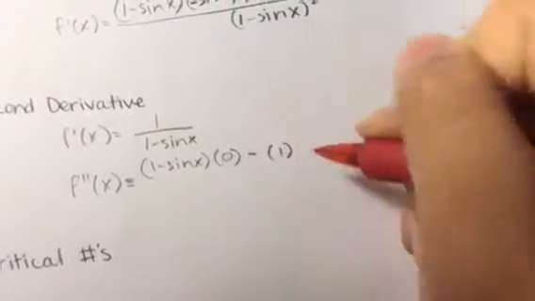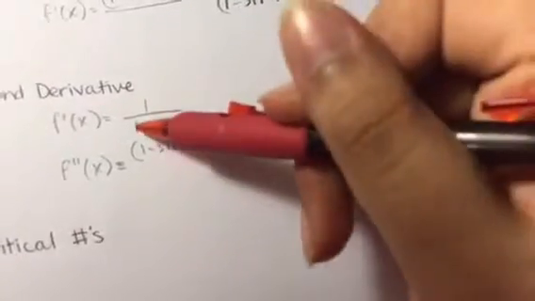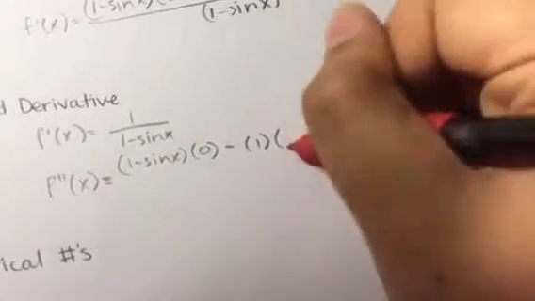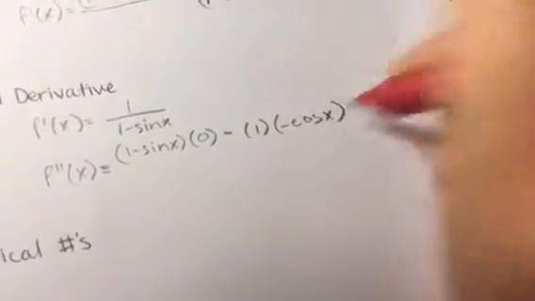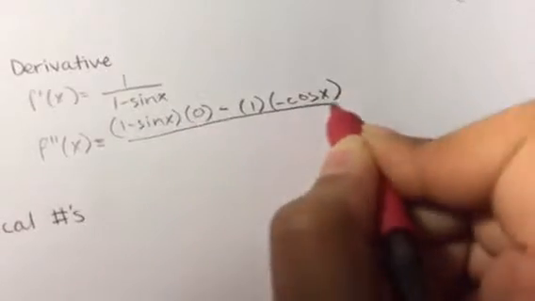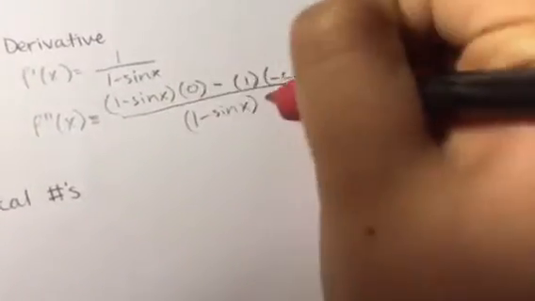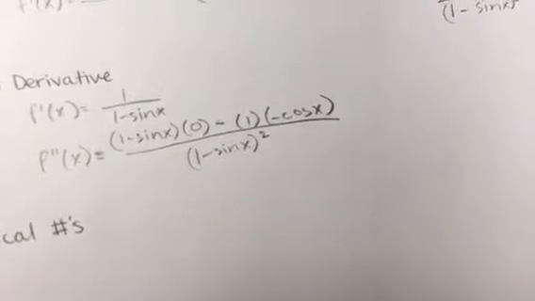Then we just take high, and then d low, derivative of 1 is 0, derivative of negative sine is negative cos, all over 1 minus sine x squared.